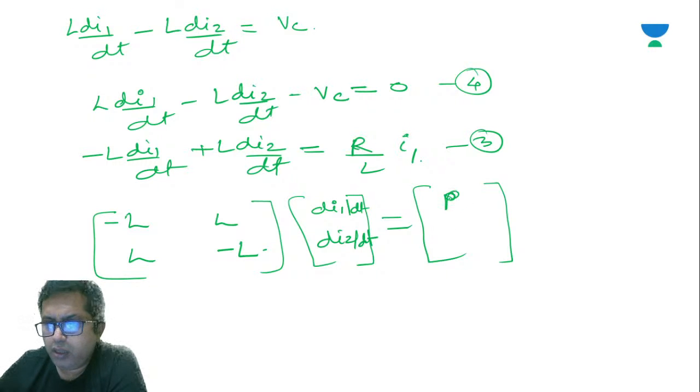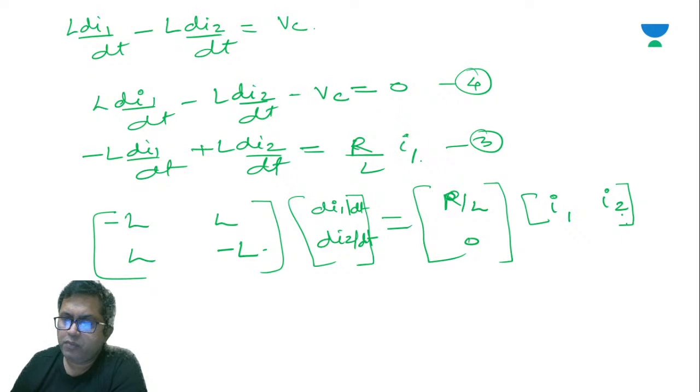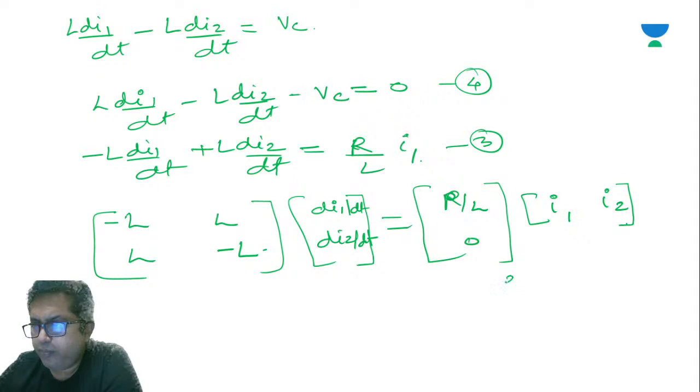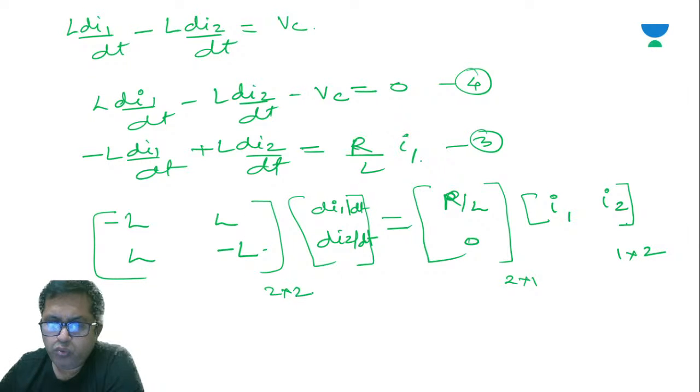R by L, this is 0. Then I1, I2. You can write this in the form 2 by 1, this is 1 by 2, so this will be 2 by 2, and this is 2 by 1. So this is not equal, correct?